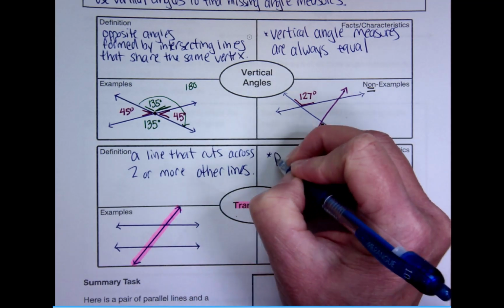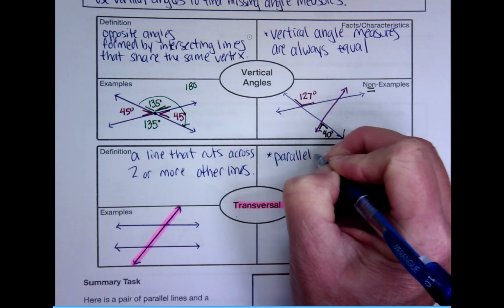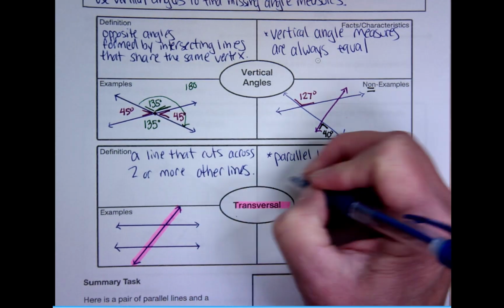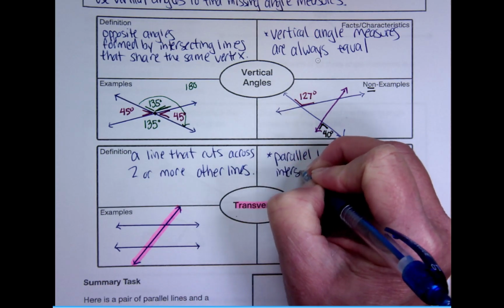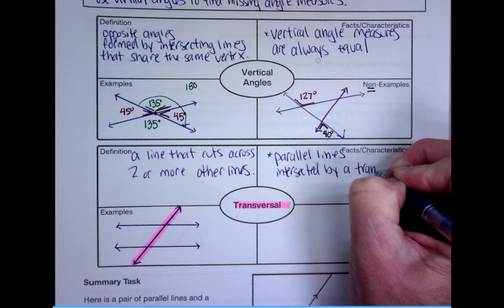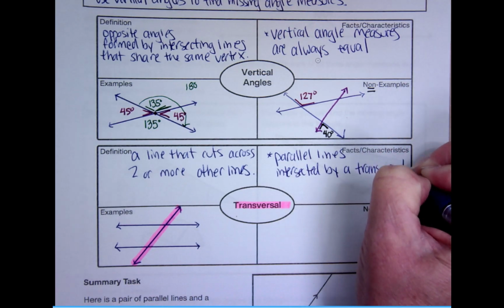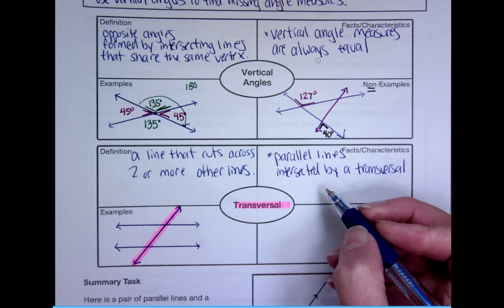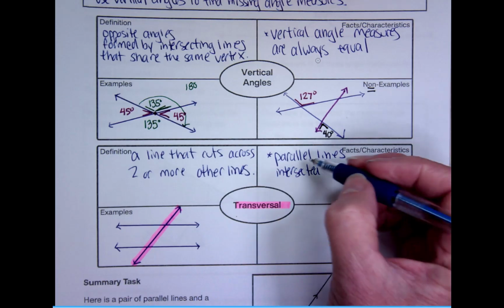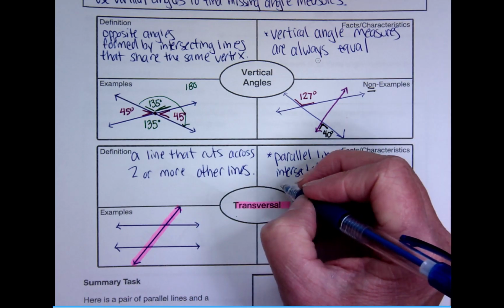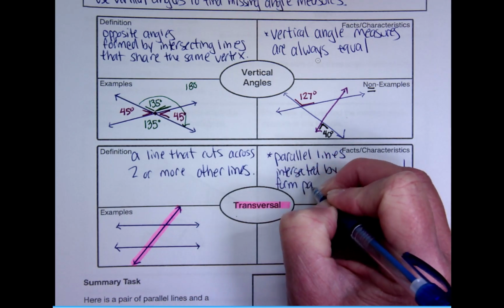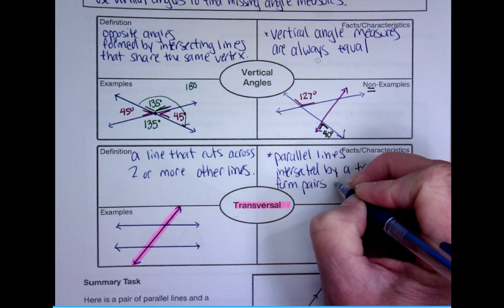If I have parallel lines intersected by a transversal, then the transversal is going to form pairs of congruent angles. Parallel lines intersected by a transversal form pairs of congruent angles.